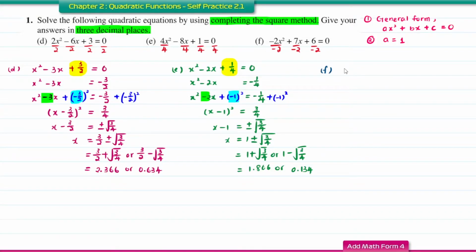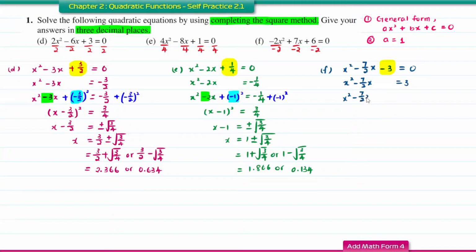So for the f, later on you're going to have x squared minus 7 over 2x minus 3 equal to 0. Next, we're going to move the c to the other side. So x squared minus 7 over 2x equal to 3.